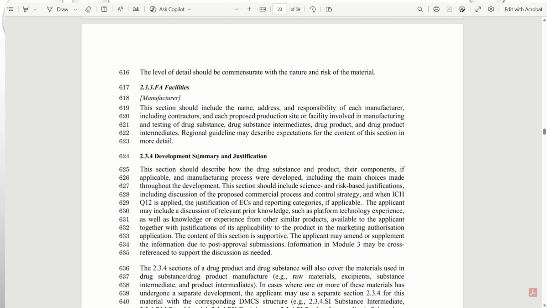So the 234 development and summary justification.